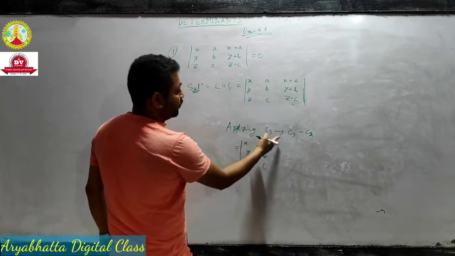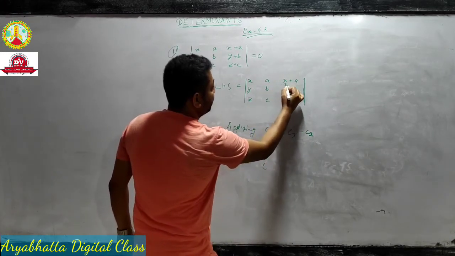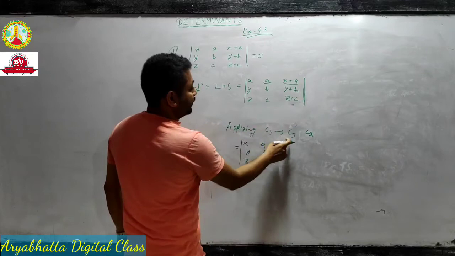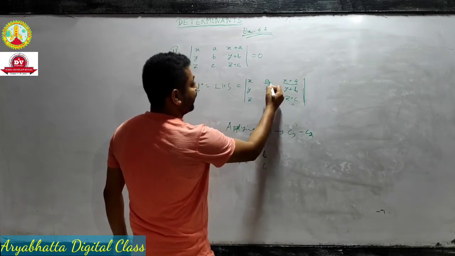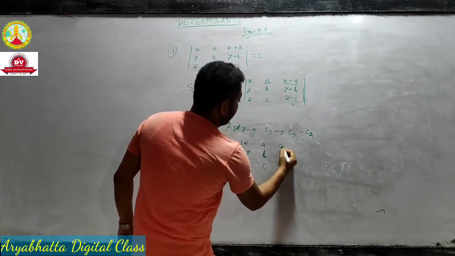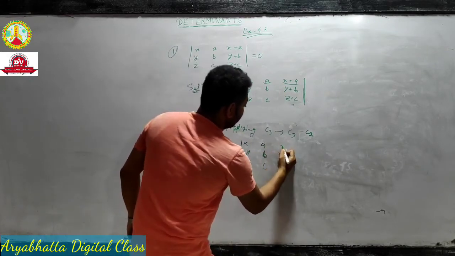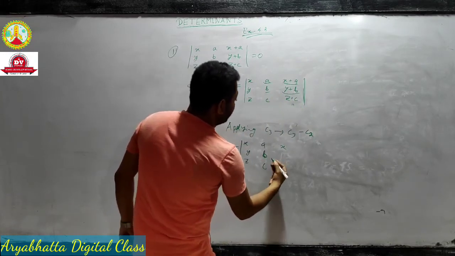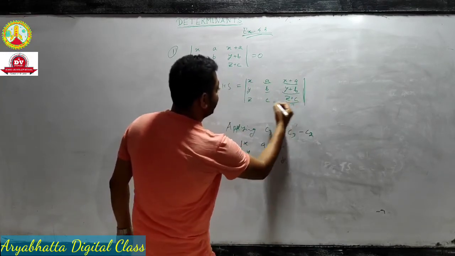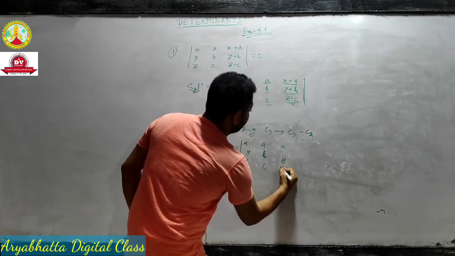For C3, x plus a minus a is equal to x, y plus b minus b is equal to y, and z plus c minus c is equal to z.